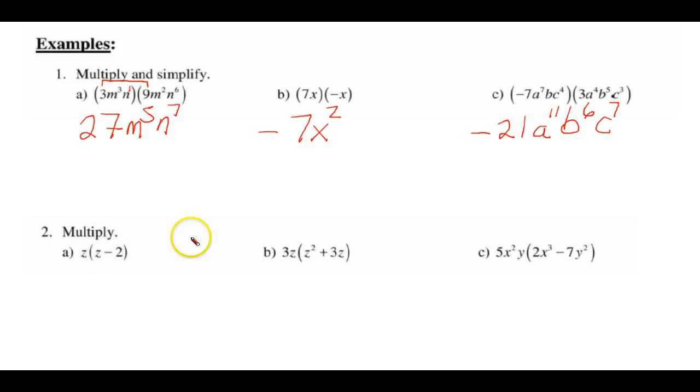And we're going to use something that's called the distributive property, where we distribute the z to each of these terms within the parenthesis, and again, following our rules.